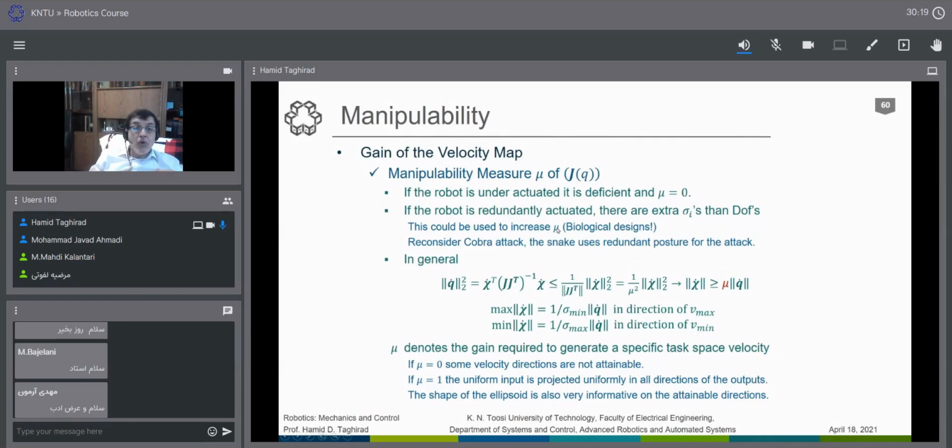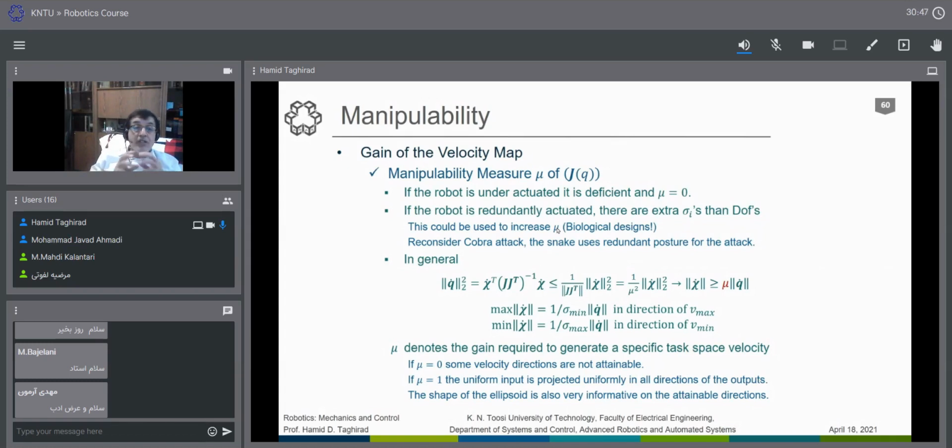We have more actuators than we require. I will show you a number of examples in the next few slides, that many creatures in nature, by the design of God, are somehow redundantly actuated.